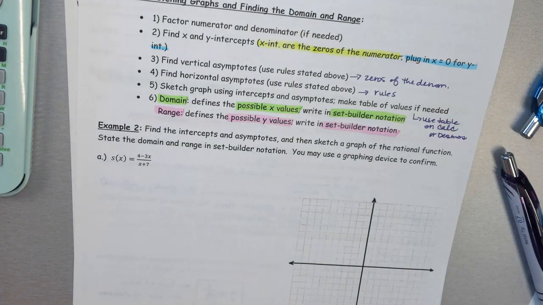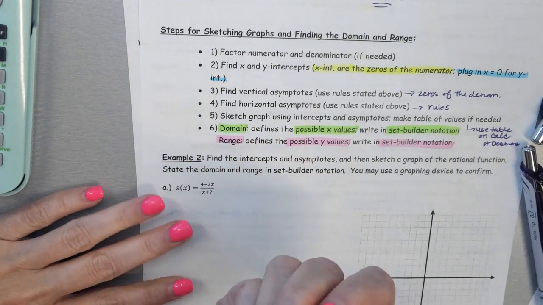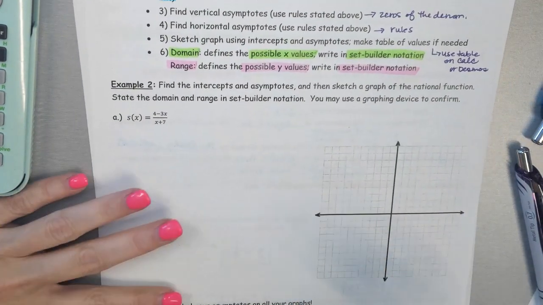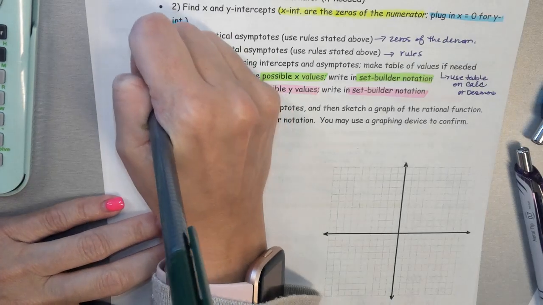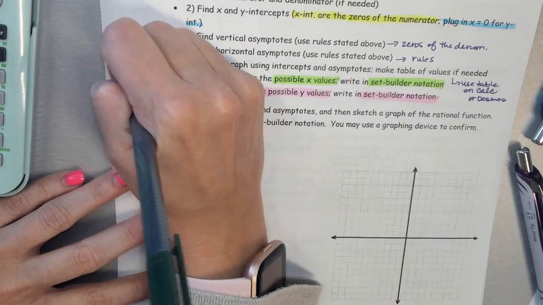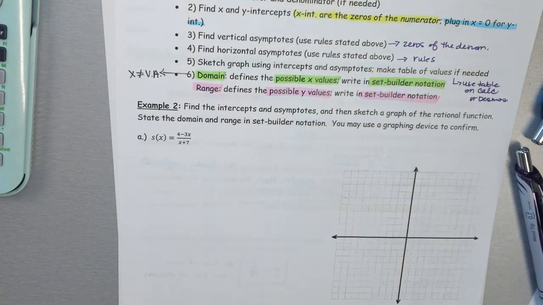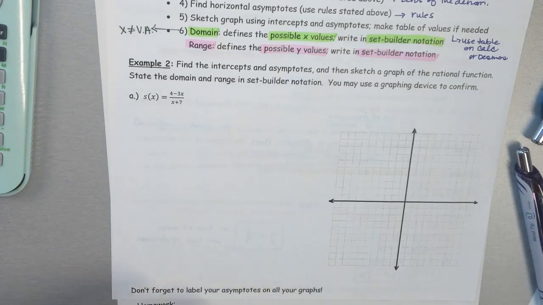Okay, whenever you're working with the domain, the domain is going to exclude the vertical asymptotes, and we will write that down. Okay, so for the domain, x cannot be equal to, we'll put VA for now, and then we'll talk about that in our first example as well.